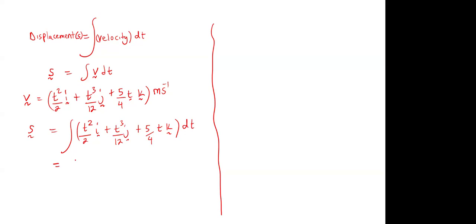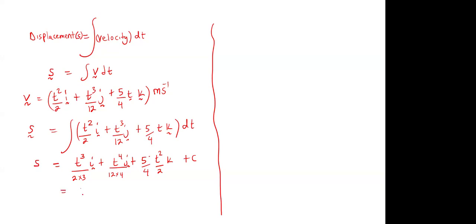So when we integrate i, members, we shall have t cubed out of, remember there is a 2 there, times the 3. This is the i plus t power 4 out of the 12 times the 4. But this is the j direction. Then plus 5 out of 4, this is going to be t squared out of 2 k, then plus a constant, and this is the displacement.